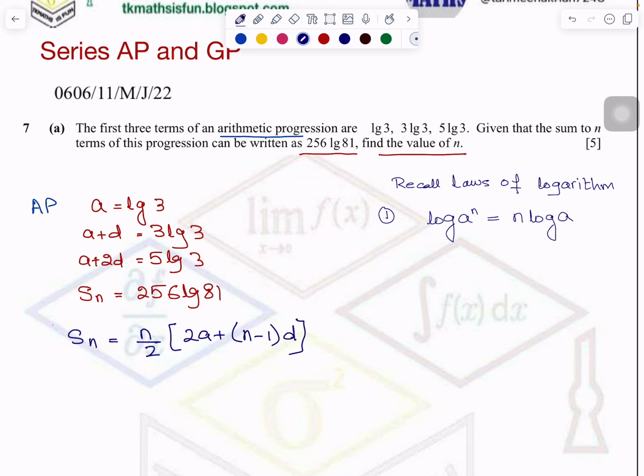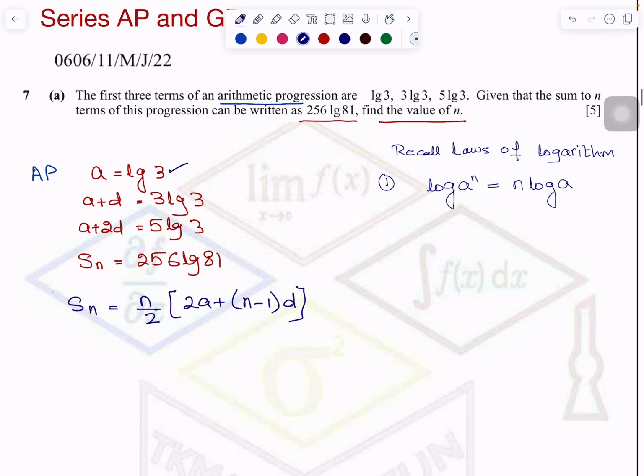Now a I have here, lg3, good. n I have to find out. Sn is 256lg81. I'm just substituting from the given condition. And a is lg3, which is given here. I'm just substituting it, right?